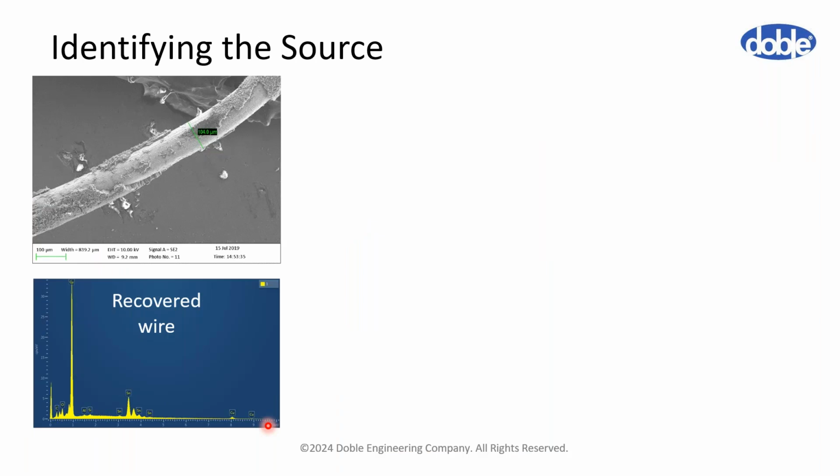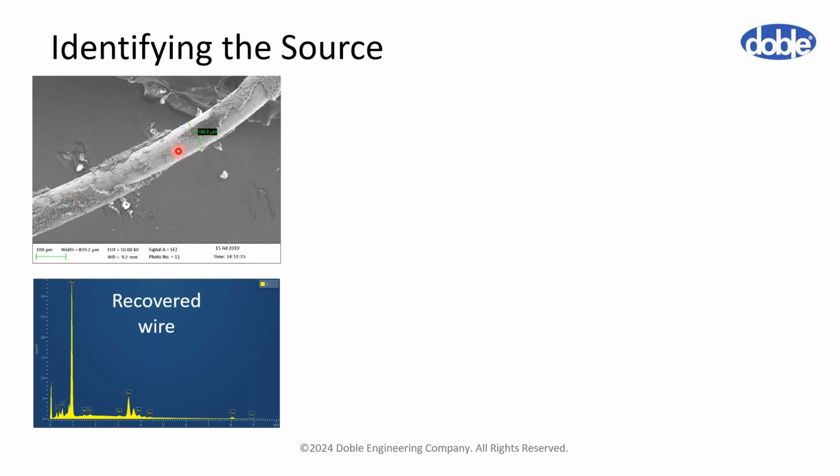But we can actually identify the source of those wires. So here's one of the covered wires. When you look at the surface here, it's covered in a layer of crust, which is presumably carbon from the fault, from the energy deposited on.